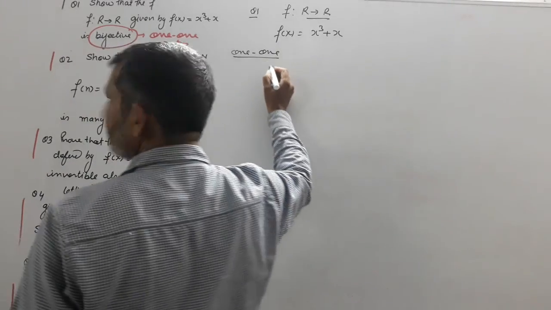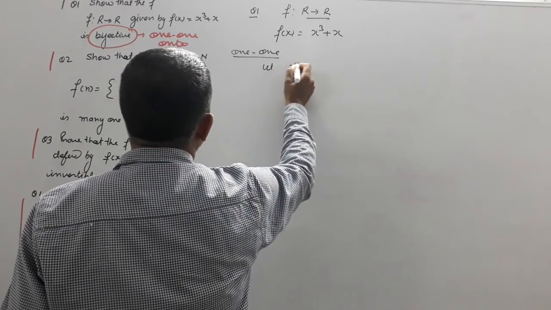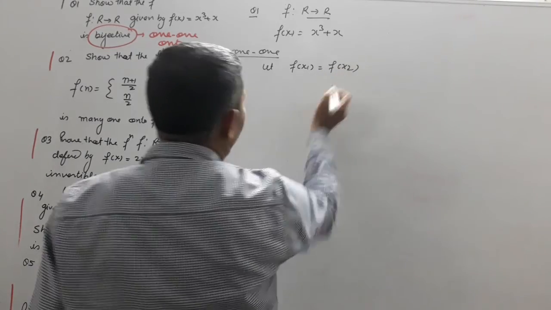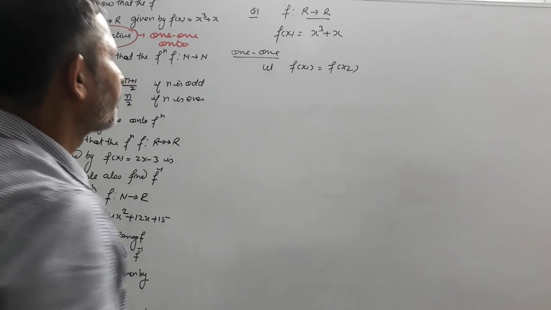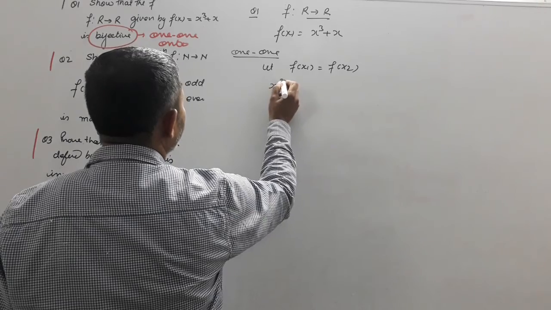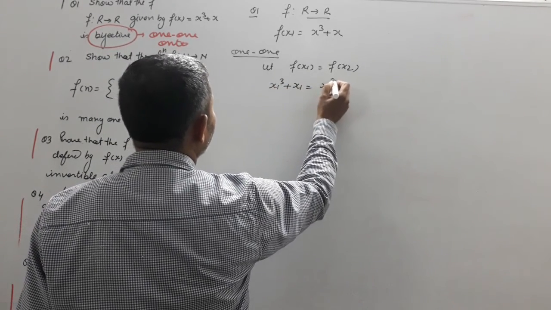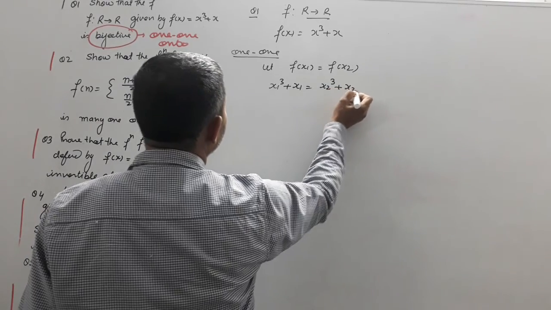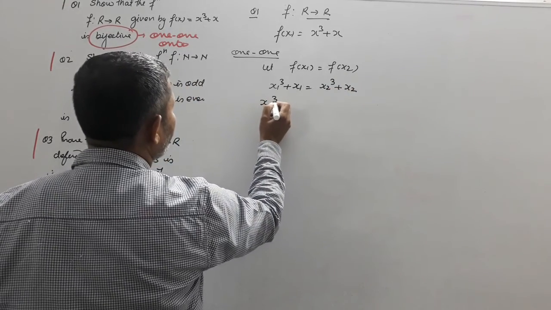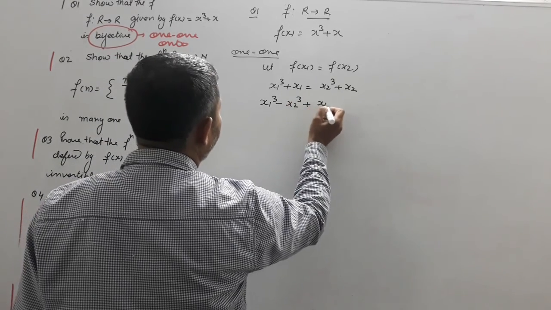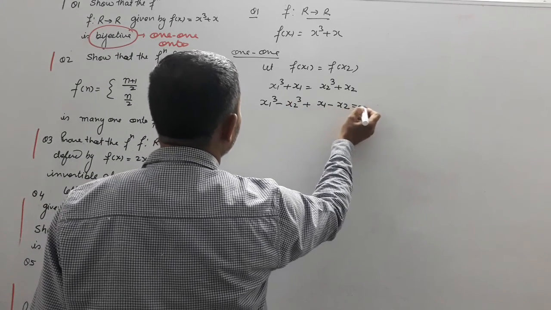For 1-1, let f(x1) equals f(x2). x1 cube plus x1 equals x2 cube plus x2. x1 cube minus x2 cube plus x1 minus x2 equals 0.